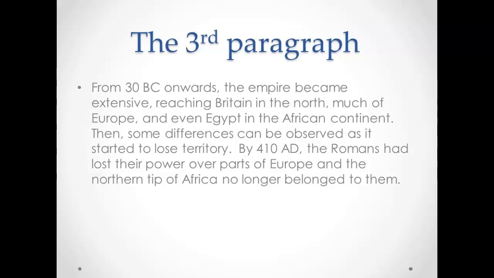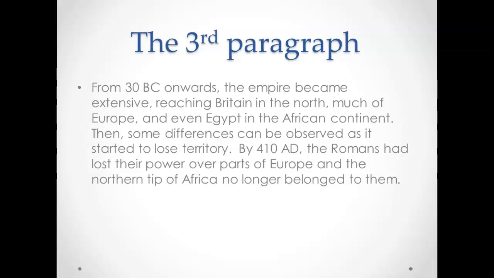From 30 BC onwards, the empire became extensive. Remember the change in word form. Reaching Britain in the north, much of Europe, and even Egypt in the African continent. Then some differences can be observed as it started to lose territory.